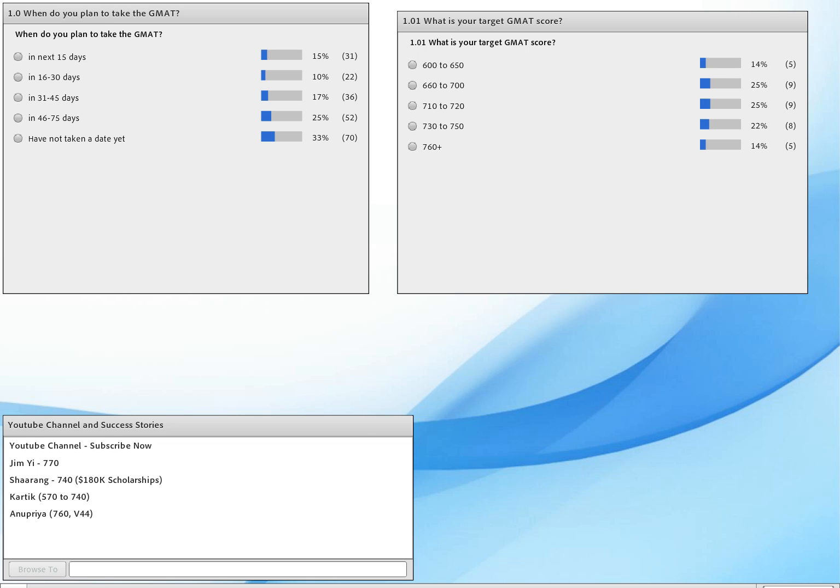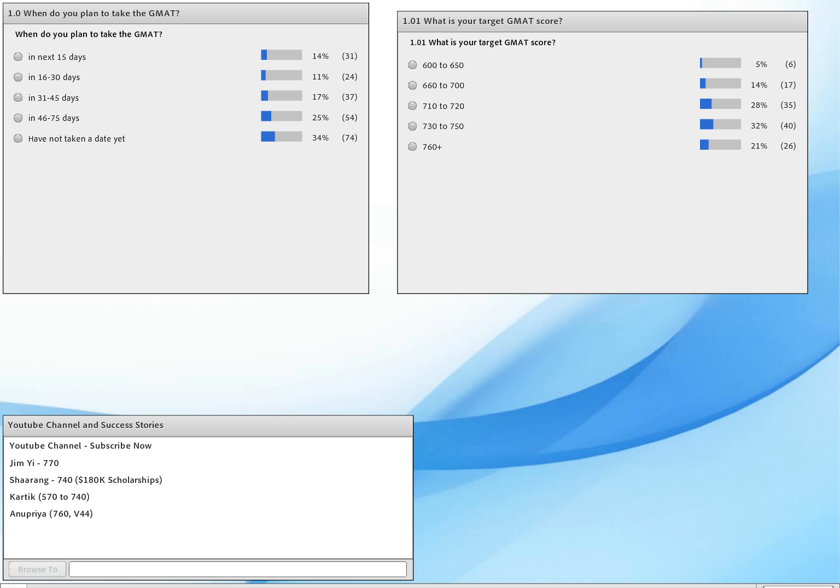So based on the data that I have over here, you can see that the biggest segment, 33% of you, have not taken a date as of yet. That's about 70 of you. The next big segment is those who have upwards of a month and a half before they take their test. And other than that, we have about between 11 and 18% of folks in each and every segment.